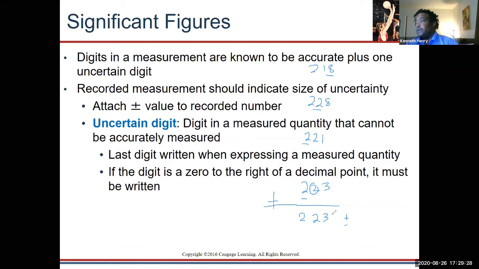So what is the difference between 223 and our lowest number, which is 218? It's 5, right? So it's plus or minus 5, because if I add 5, that'll give me 228, and if I subtract 5, that'll give me 218.